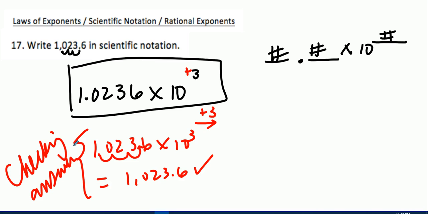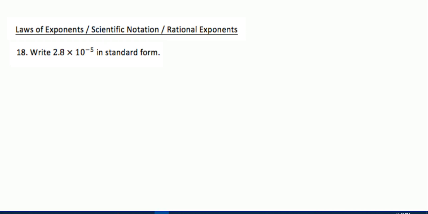Okay, number 18. Again, this should be a number. Oh, sorry. This is actually enough for this problem. So to go to standard form, 10 to the negative fifth, well, a negative 5 is in the negative direction, so I need to go back 5 spaces.